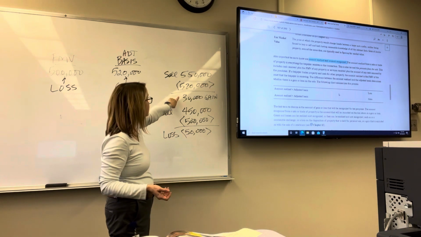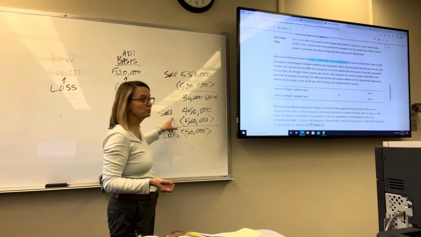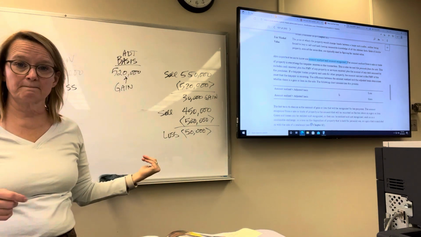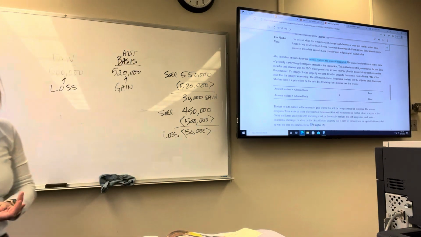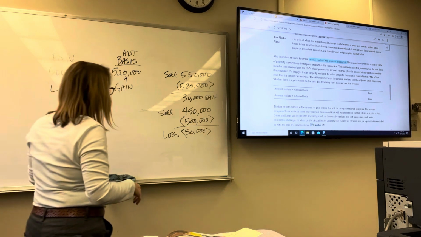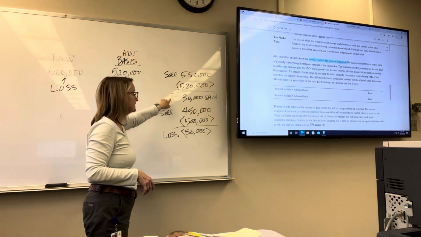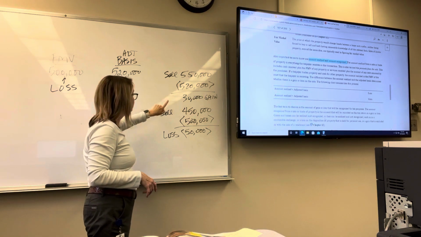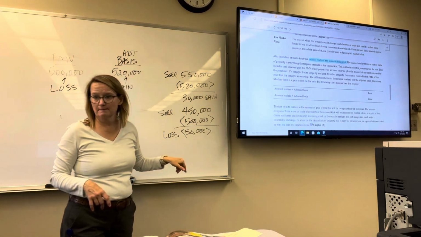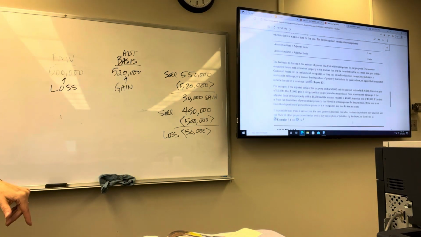What we recognize is going to be the gain or the loss after we make that adjustment for the basis, right? Anytime you have an amount realized that is more than the adjusted basis, you're going to have a gain. If you have an amount realized that's less than the basis, you're going to have a loss. All right.